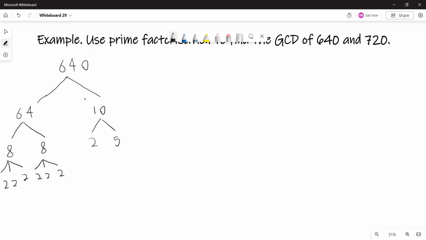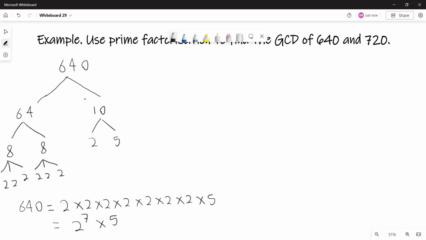Okay, so 640 as a product of primes is going to be a product of 7 twos and a 5. Or you can write this a little bit shorter as 2 to the 7th times 5. And 720, we're going to write this as a product of primes.